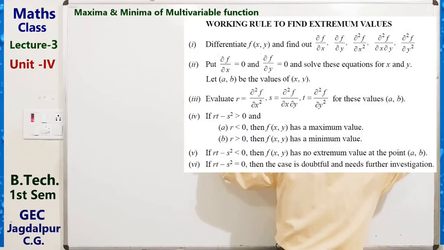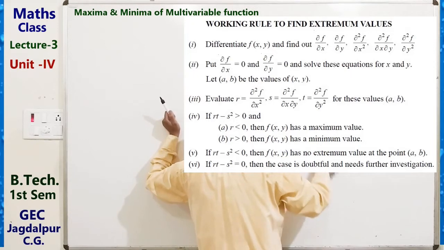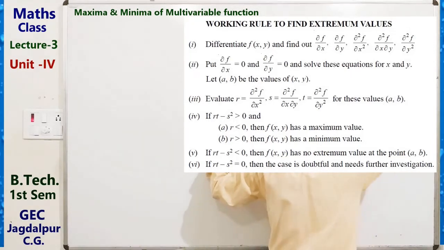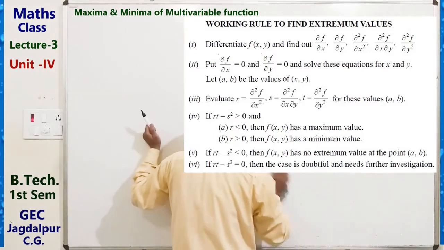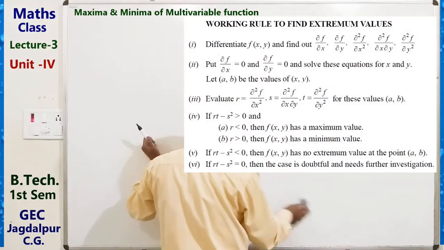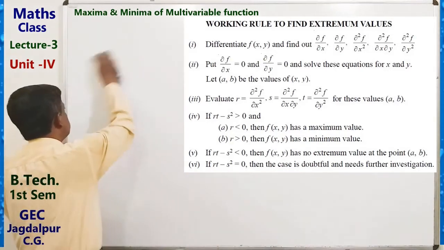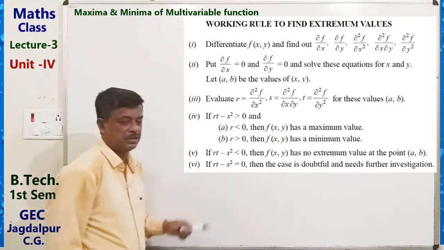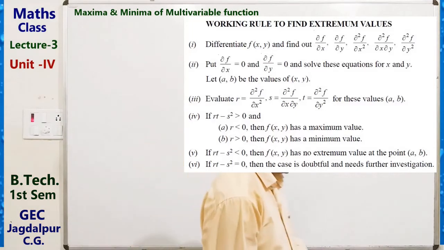That is a saddle point, because the surface descends and ascends in different directions. And if rt minus s square is equal to 0, then the case is doubtful and another technique should be used for deciding whether the function is maximum or minimum at that point. So remember this working rule for solving questions.